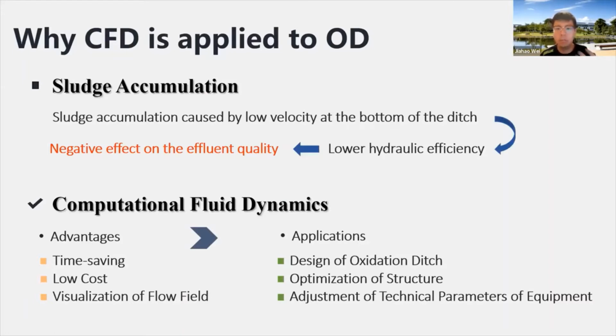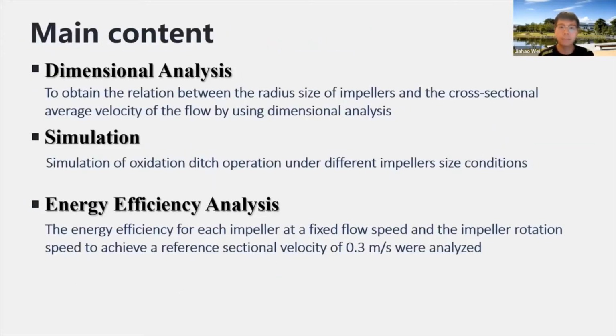And since the water flow is driven by the impellers, the size of the impellers is crucial to the whole system. CFD is a relatively cheap and time-saving way to obtain the complex hydraulic characteristics of the reactor, and it can also be used for the design of the oxidation ditch, the optimization of structure, and so on, which is of great significance for the stable operation of the oxidation ditch and the improvement of treatment efficiency.